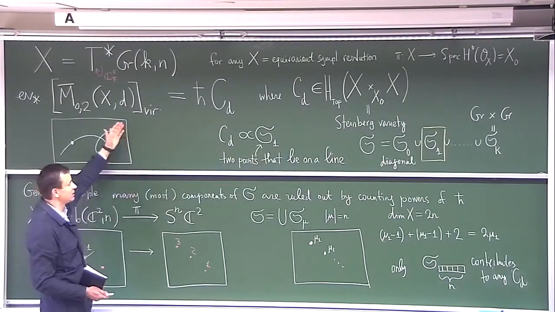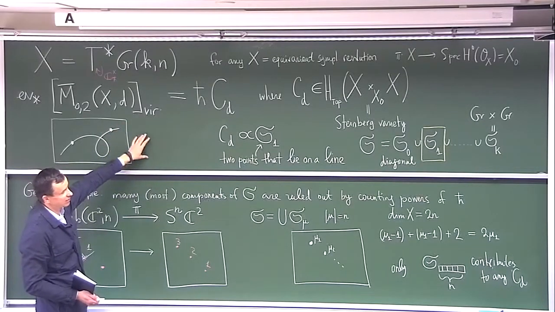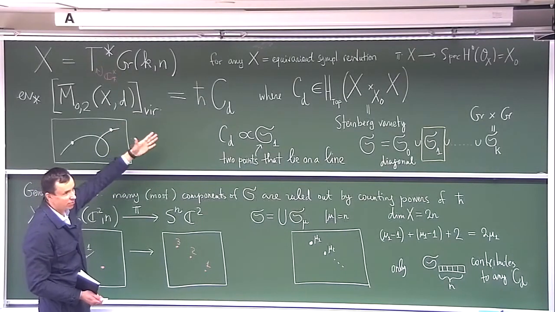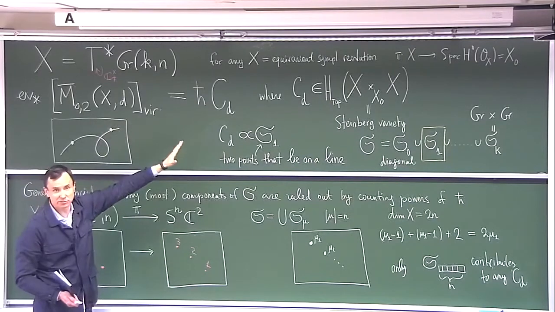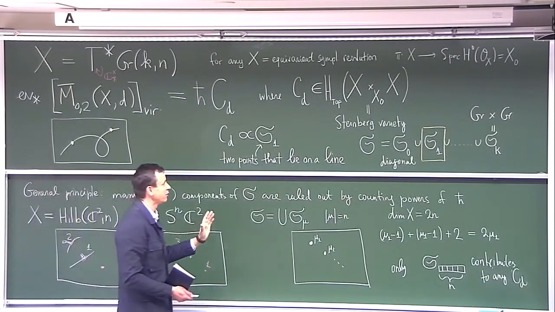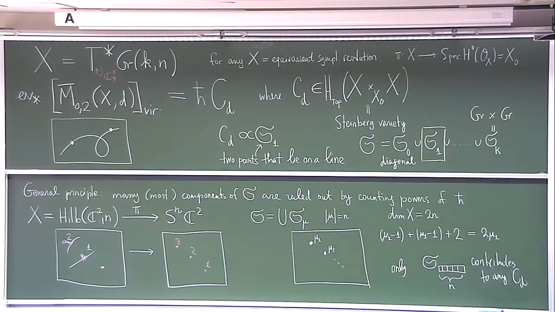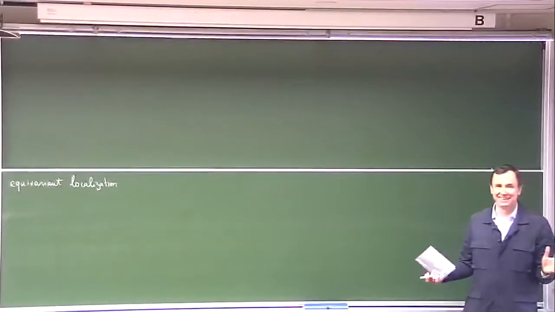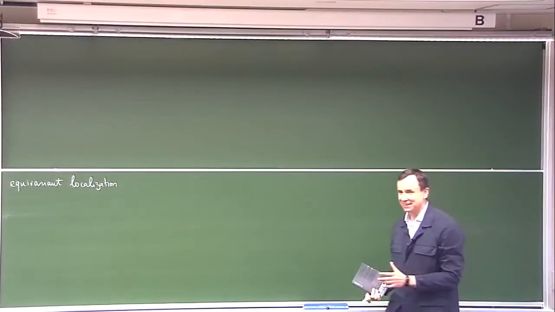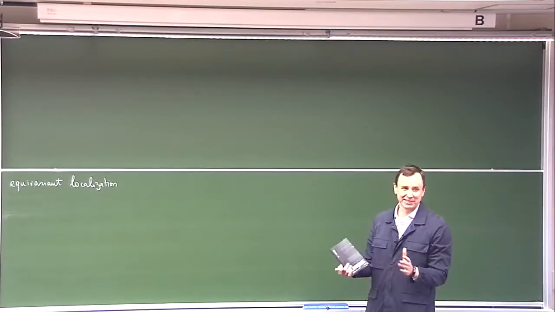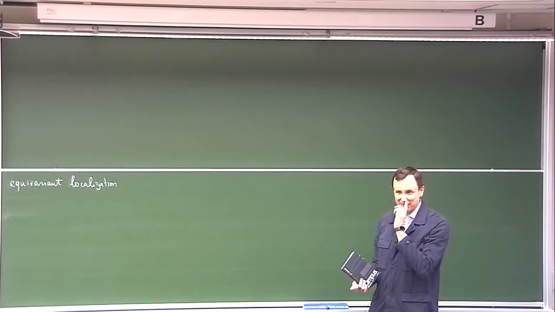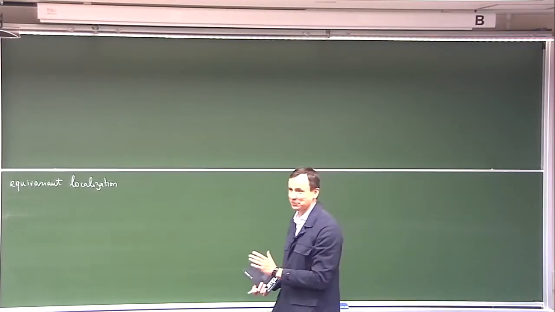Equivariant localization, which I spent some time discussing yesterday, is a very powerful tool. In principle, one can do this computation. Much better, however, to combine it with this analysis, because if you really compute it by localization, then at the end you'll have some magic identity with many terms, and in the end there's zero. So it's always best to think a little bit ahead of time, and only compute the terms you really need to compute.